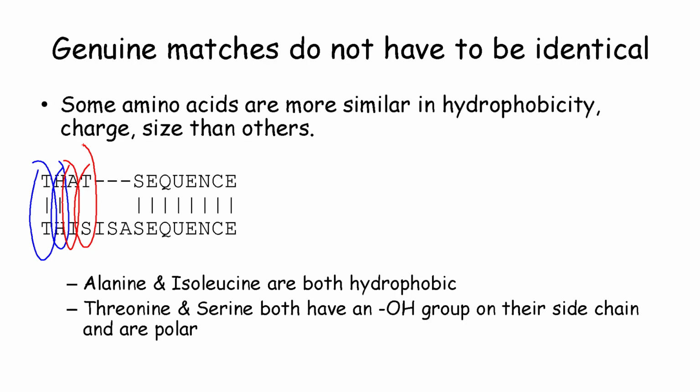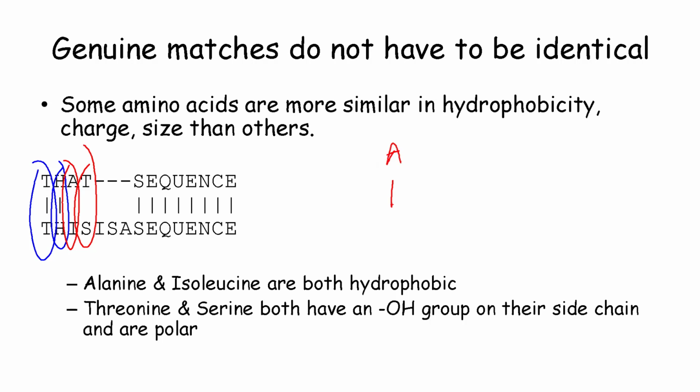In this alignment, aligning A and I is actually not such a bad thing because they are both hydrophobic amino acids. Aligning T and S is also not so bad because they are both polar amino acids with a hydroxyl group on their side chain.